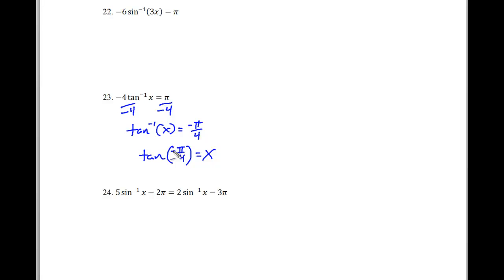We can then use our even-odd functions to pull the negative out in front. So this is negative tangent of pi over 4 is equal to x. Tangent at pi over 4 is 1, and because of the negative in front of tangent, it's going to be -1.